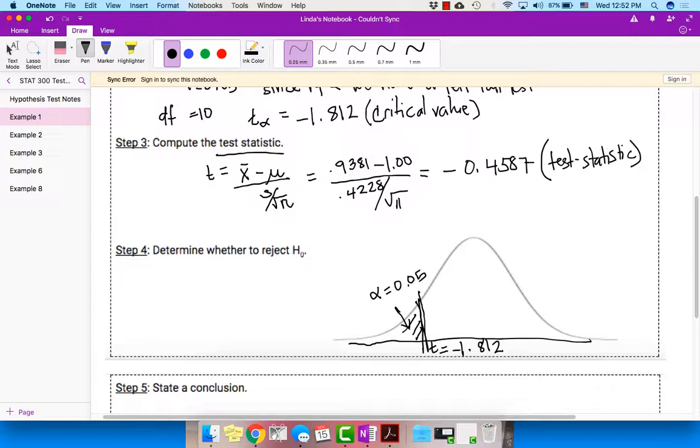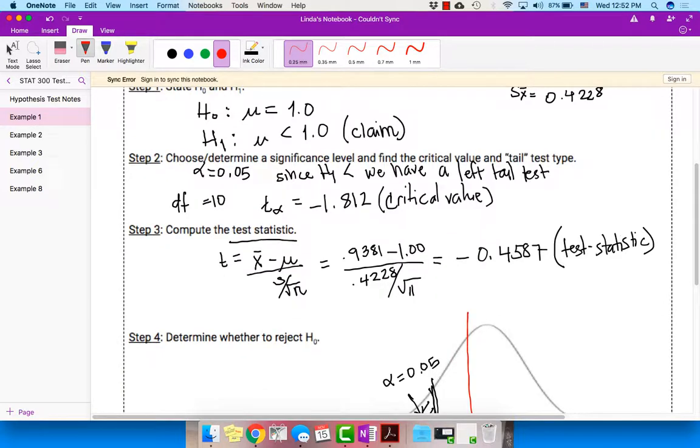Not test statistic, critical value. Then I need to determine where the negative 0.4587 is located here. Oh, I have a mistake here. Let me go ahead and erase that. Since this is negative 1.812, then negative 0.4587 is probably going to be here on the right side.